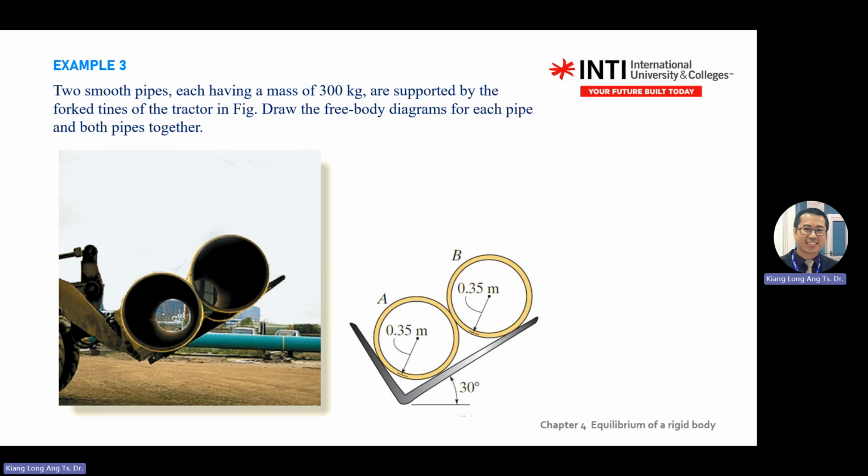Okay. Then if you split them out, you look at individual bodies, you just ask yourself, what do you feel if you are A? What do you feel if you are B? If you are A, you feel contact force here, and a contact force here.